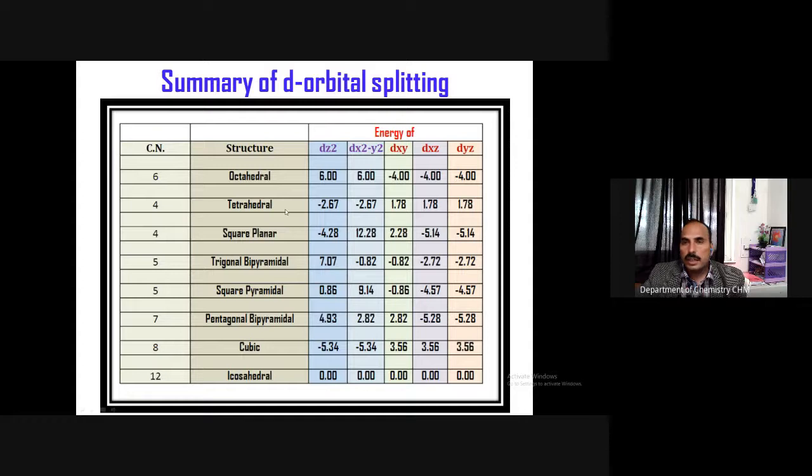In case of tetrahedral, you can see this is minus 2.67, minus 2.67, and plus 1.78, 1.78, 1.78. All right, if you see the gap, this is 6 and minus 4, so total is 10. Here it is minus 2.67 minus 1.78, so if you add them, this will be like 4 point something, right?